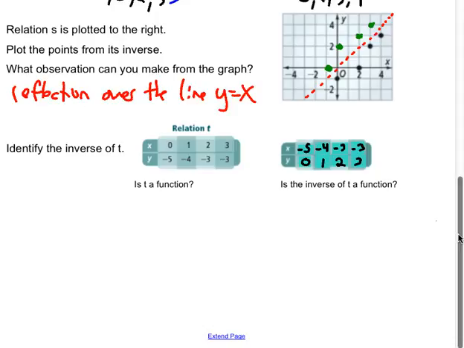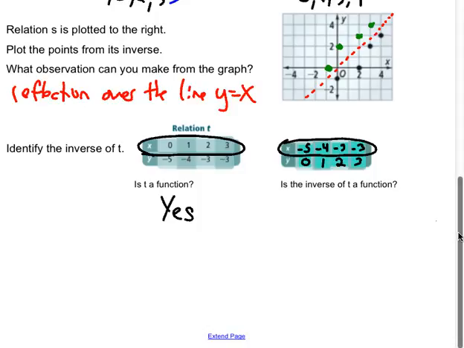Now, as we go through here, a very natural question is, is it a function? When you're looking at data sets, what you're looking at are the x values. Do the x values repeat? So here, yes, the original was a function. It did not have any repeating x values. However, this time, look at the inverse. If I look at the inverse, it does have a repeating x value.